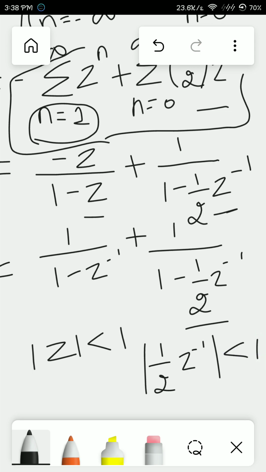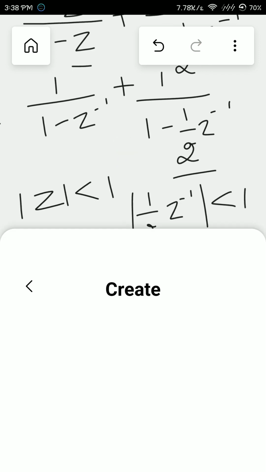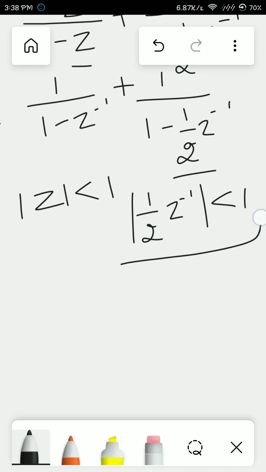So these two I have got now. So next I have to simplify this particular one. Which one? This I have to simplify, right?